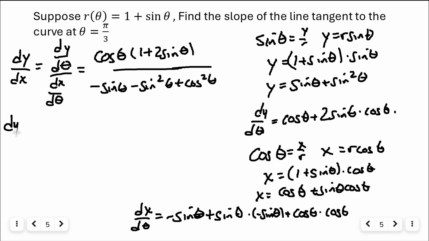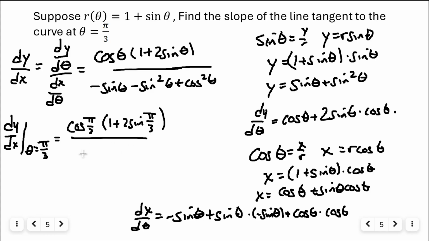Okay, that's the equation to find the slope of the tangent line. Now I want to take dy dx and evaluate it at theta equals pi over 3. All right, so let's do that. So that's going to be cosine of pi over 3, 1 plus 2 sine pi over 3, over negative sine pi over 3, minus sine squared pi over 3, plus cosine squared pi over 3.